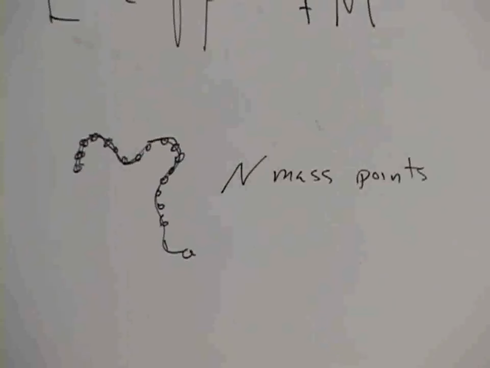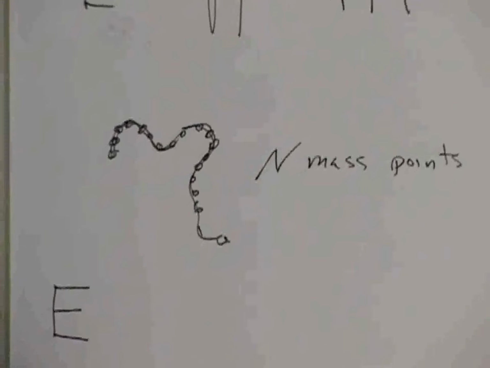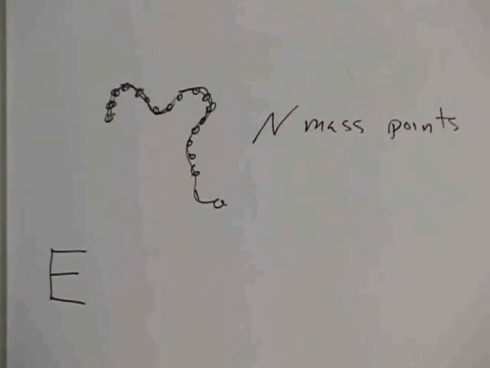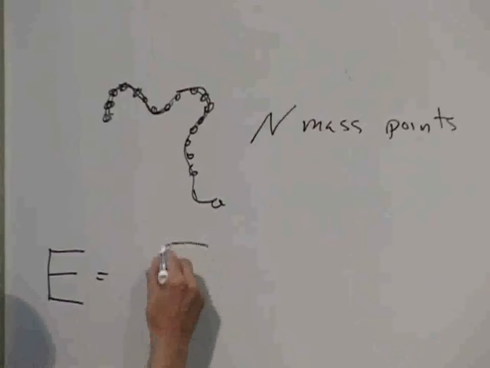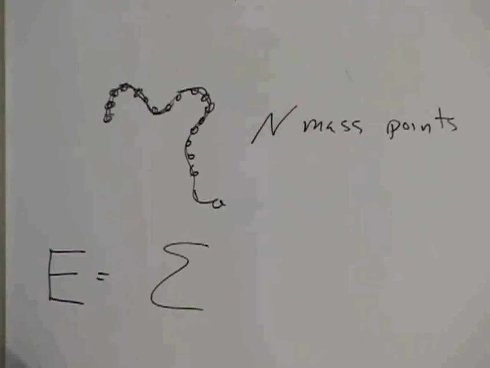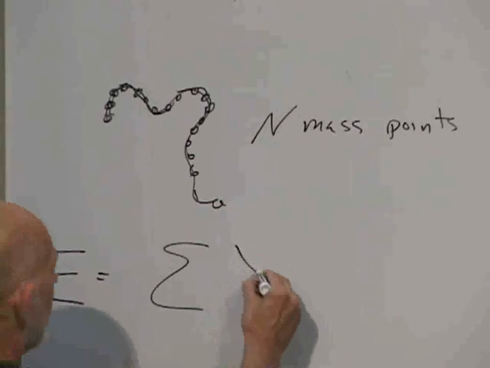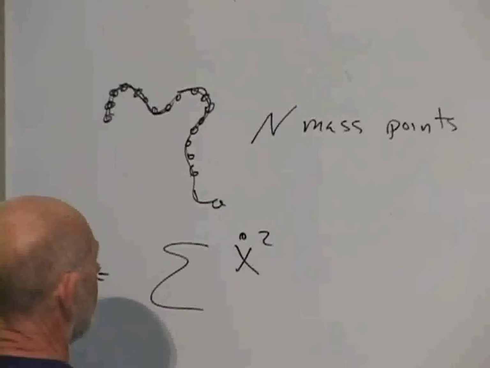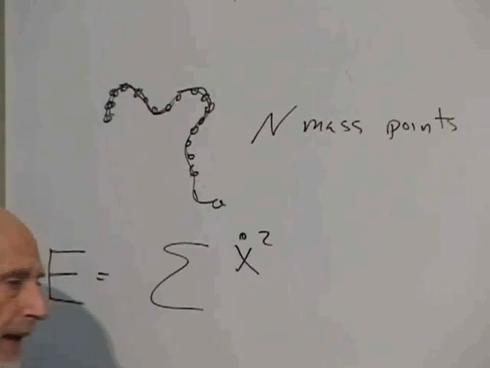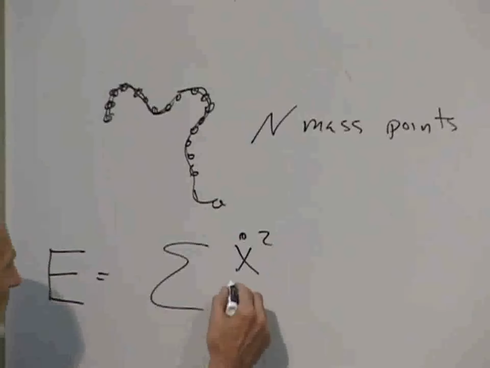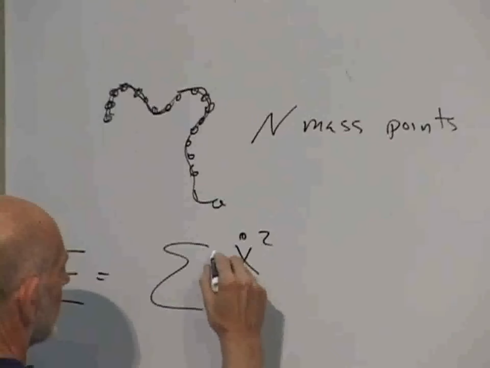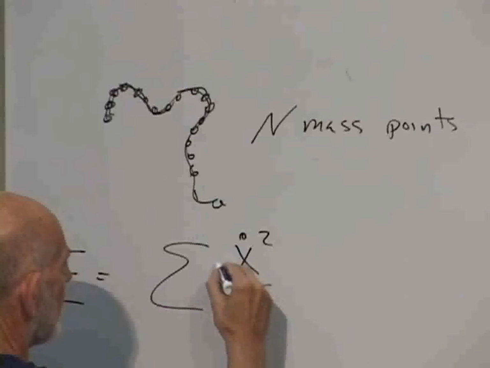And an energy, let's write down its energy. This is now non-relativistic physics. Each particle has a kinetic energy. It's a sum of all of the particles. The kinetic energy is x dot squared times its mass over 2.